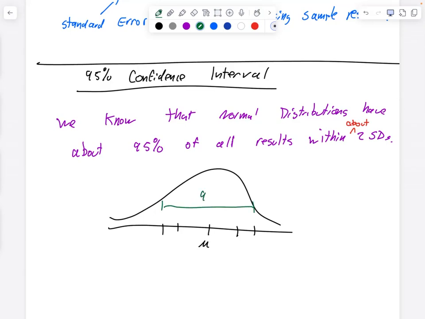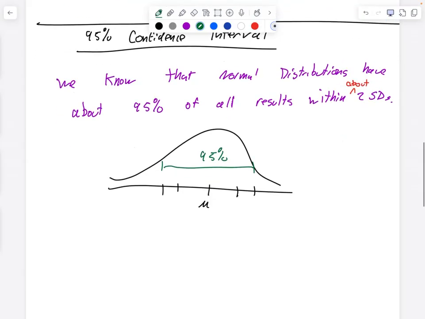We call this first value our lower boundary. And if that's the lower boundary, the other one is called the upper boundary.